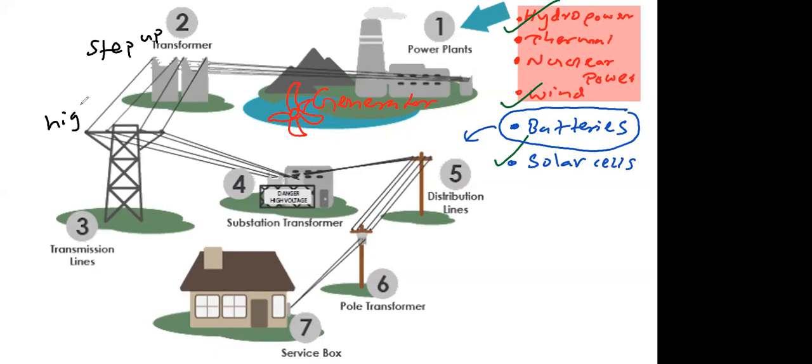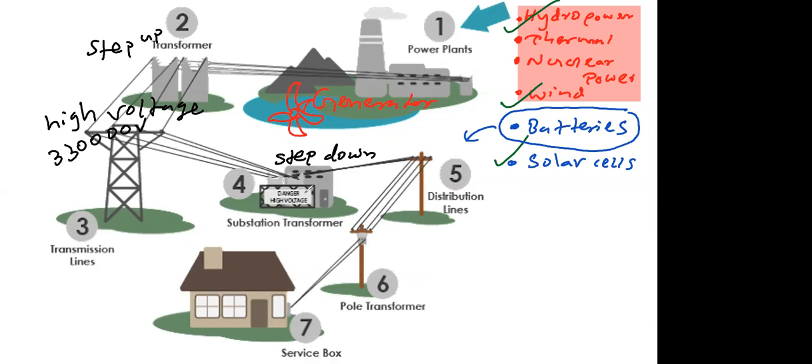So these transmission lines carry very high voltage, maybe like 33,000 volts, 333,000 volts. Then that voltage is reduced to low voltage in distribution subcenters. They use step down transformers.